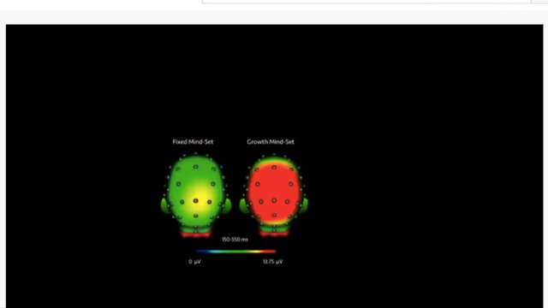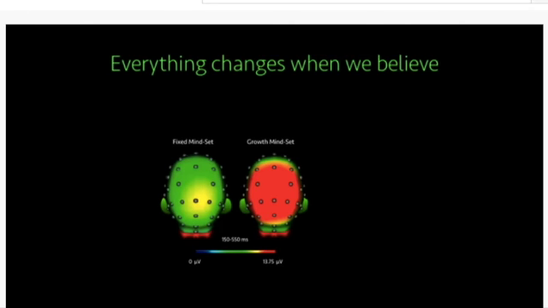We want students to know this, but they found something else that was pretty incredible. This image shows you the voltage maps of people's brains. And what you can see here is that people with a growth mindset, who believed that they had unlimited potential, they could learn anything, when they made a mistake, their brains grew more than the people who didn't believe that they could learn anything.